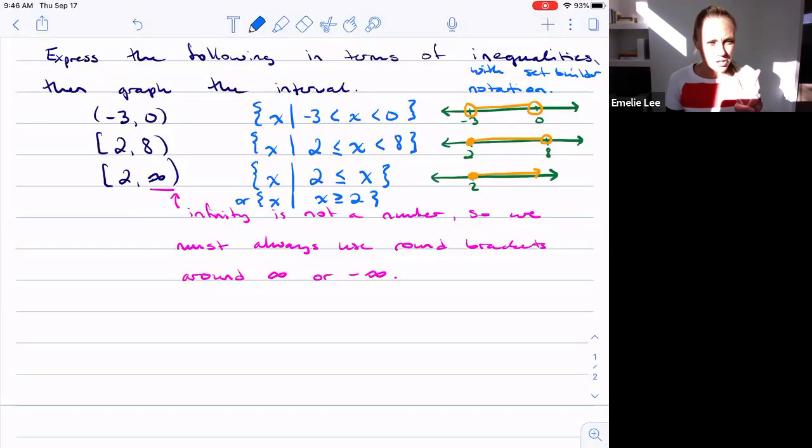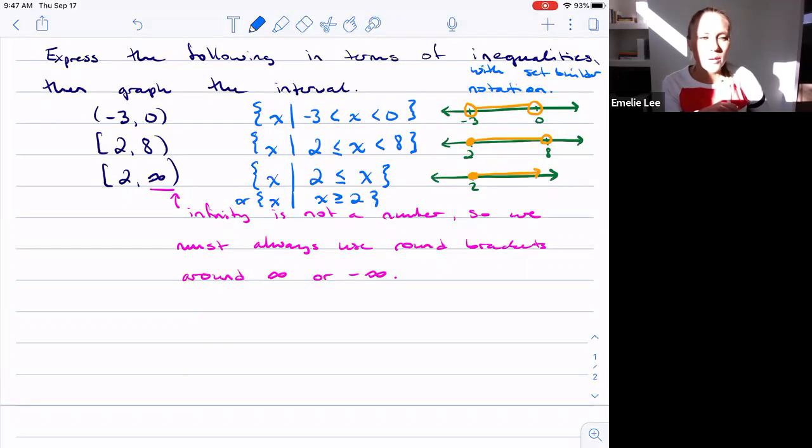Notice that the relationship between, so the big mouth is just facing the x regardless, and so it doesn't matter. So 2 is less than or equal to x, or x is greater than or equal to 2. It doesn't matter which one you do. Okay. Good.